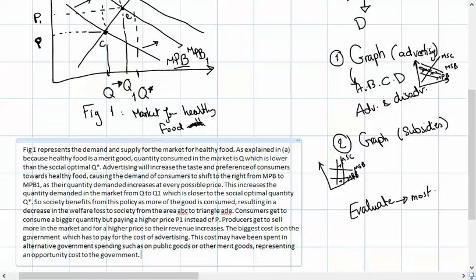Finally, advertising may take a long time to be effective and change people's behavior, so the effectiveness of the advertising itself is not guaranteed.